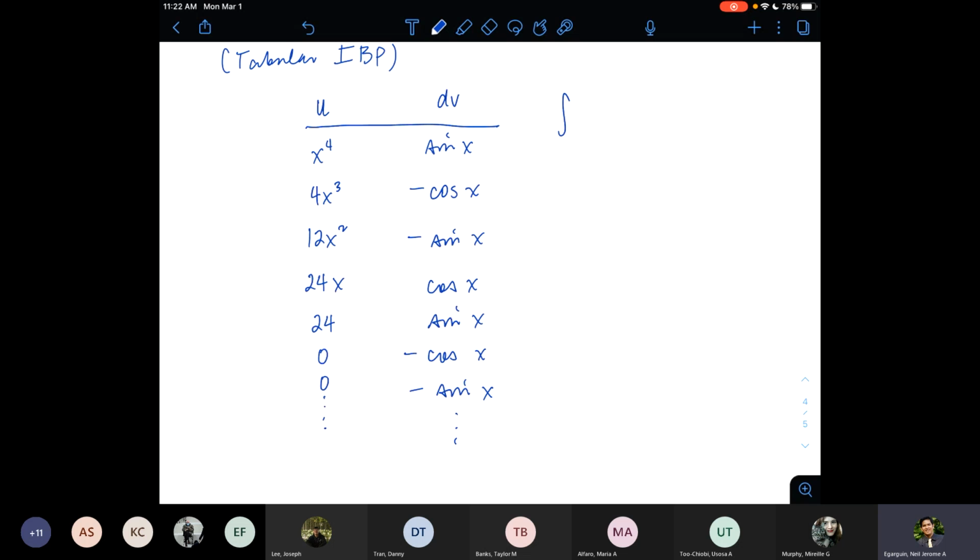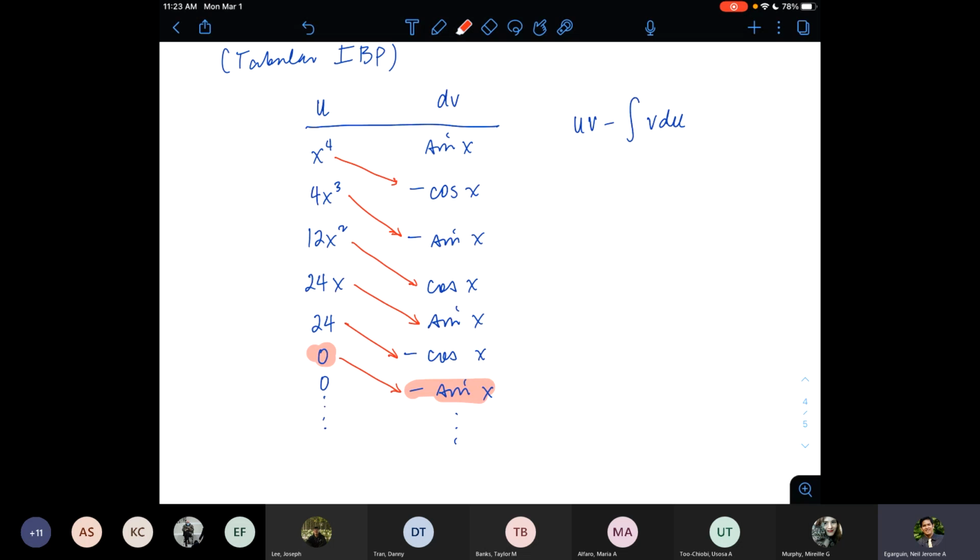Remember, the formula is uv minus the integral of v du. So essentially what will happen here is that I'll have u and v. This would be my first uv. And then the next uv will be this product. Next uv will be this. Next uv will be this. Next uv will be that. Next uv will be this product. But I know that I can stop here because from here on, I'll have a 0 times whatever that function is.